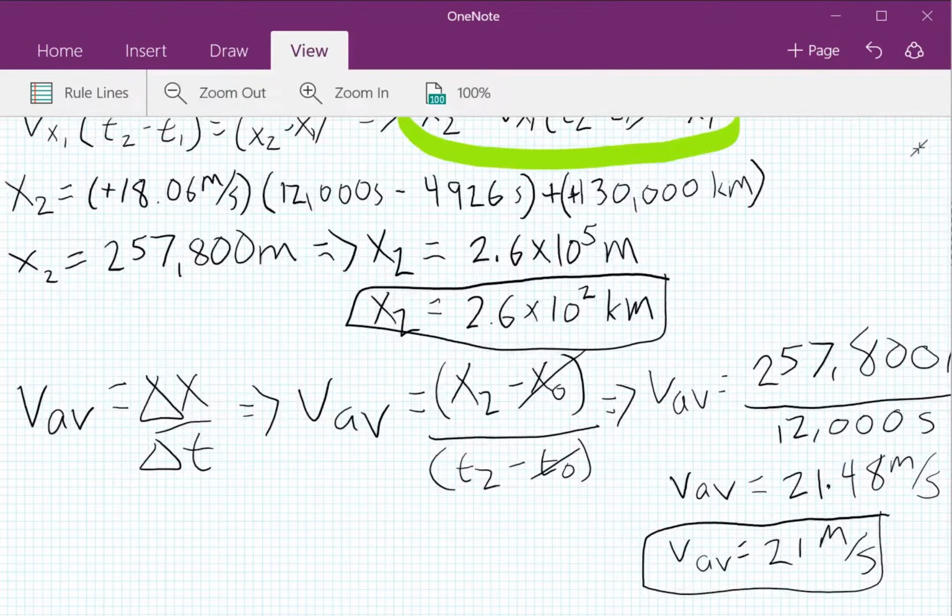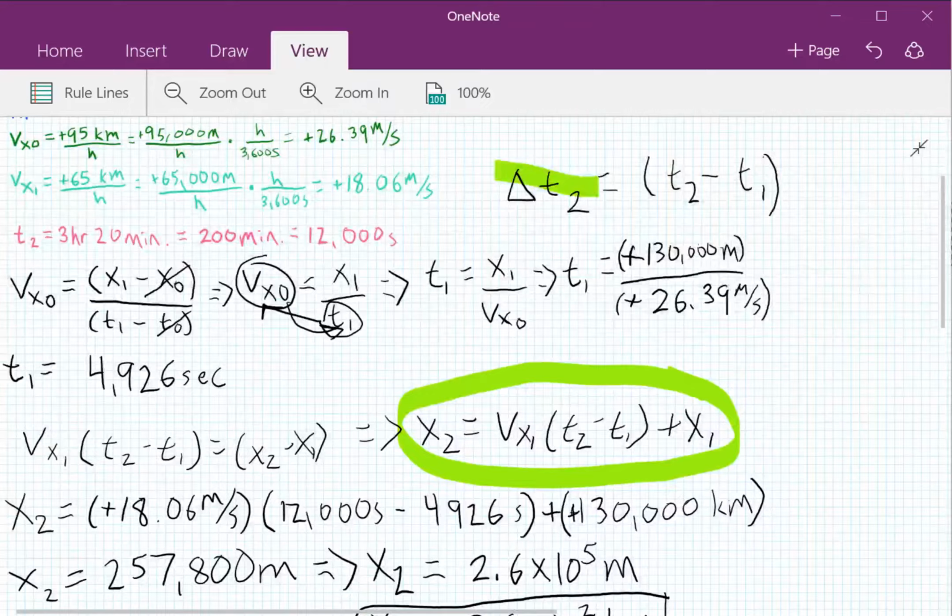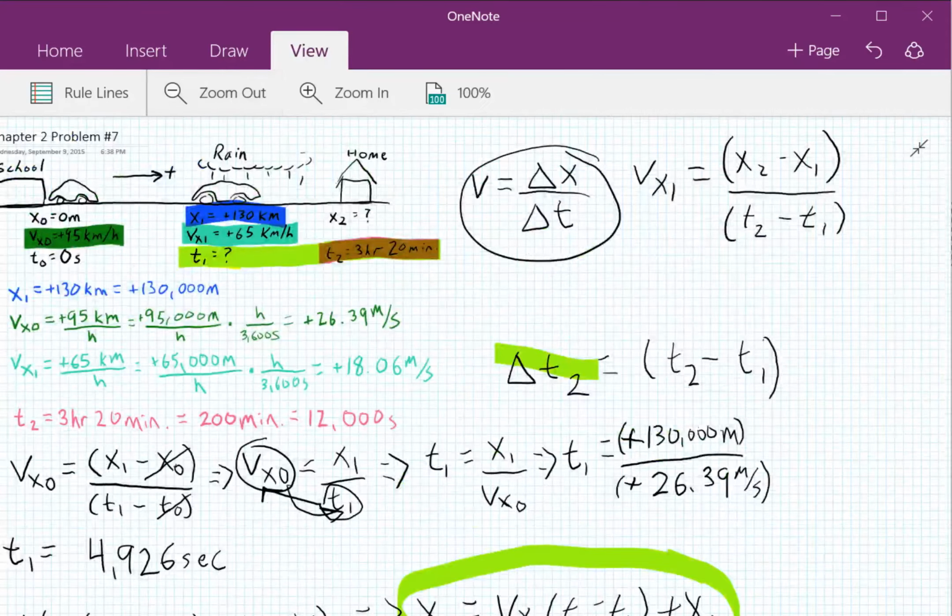You would explain that you know you're going to have the position for the house located a distance from the train. Okay, you don't know what distance it is, but you can find that distance by figuring out how far it traveled from the 130 kilometers to that final position of the home, and you add that 130 to it. Now we already did that in the equation.